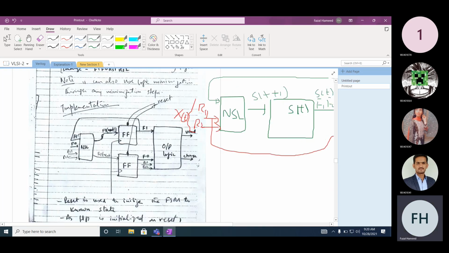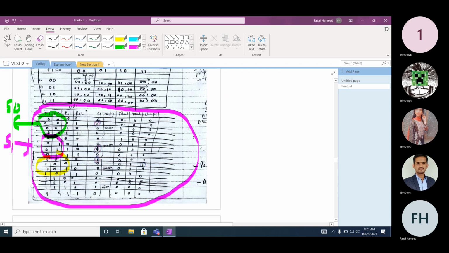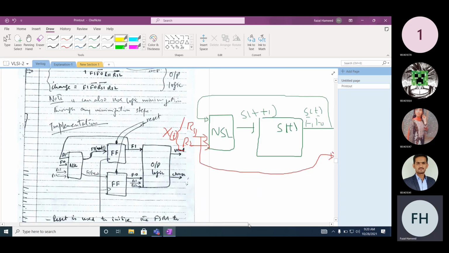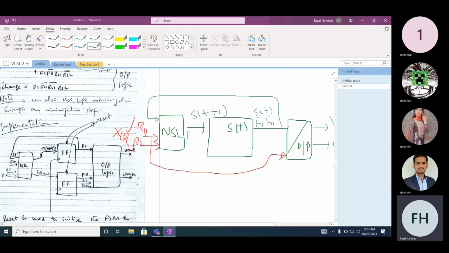So if you look at here, F1 and F0. What is F1 and F0? It is st. And what is F1 next and F0 next? St plus 1. So now here we have F1 next and F0 next.